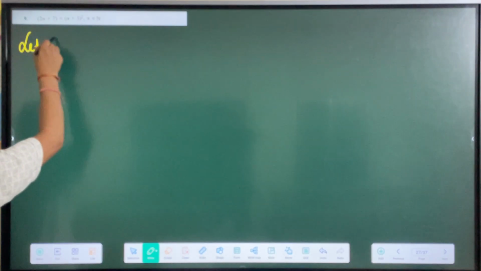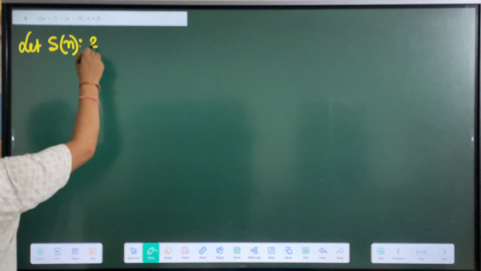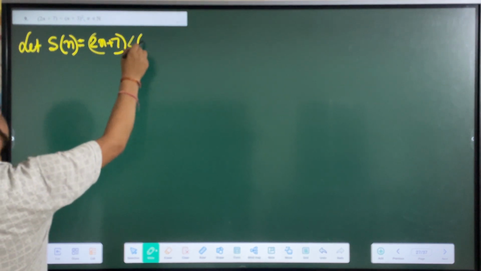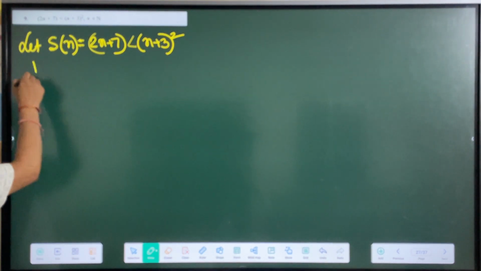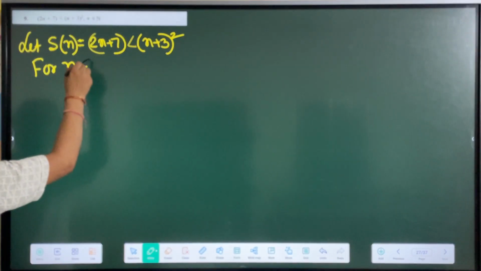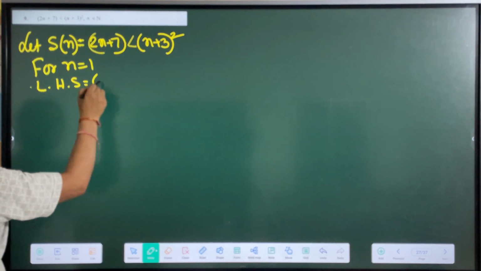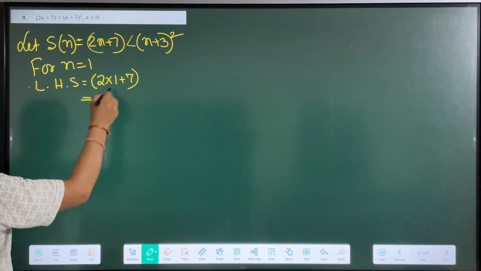Number 9. Let Sn: 2n plus 7 is smaller than n plus 3 whole square. So directly for n equals 1, LHS is 2 into 1 plus 7. Let us do the calculation: 2 plus 7, 9.